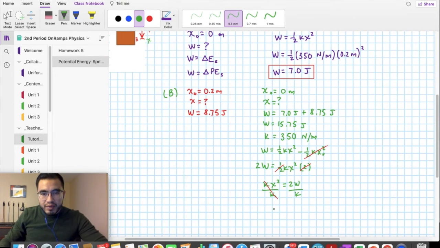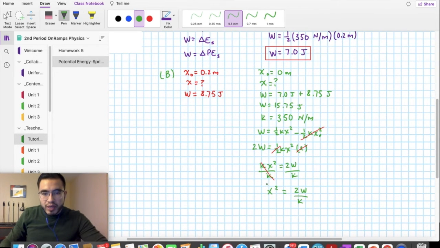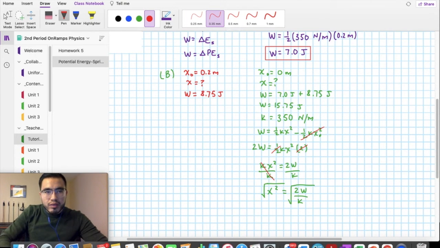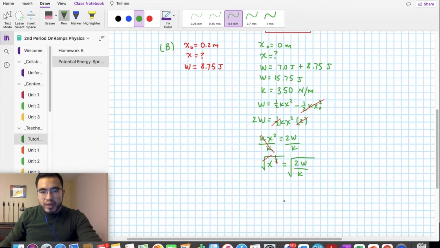Now we have x squared equals twice the work divided by spring constant. And to get rid of the square, we take the square root. Again, this will cancel.